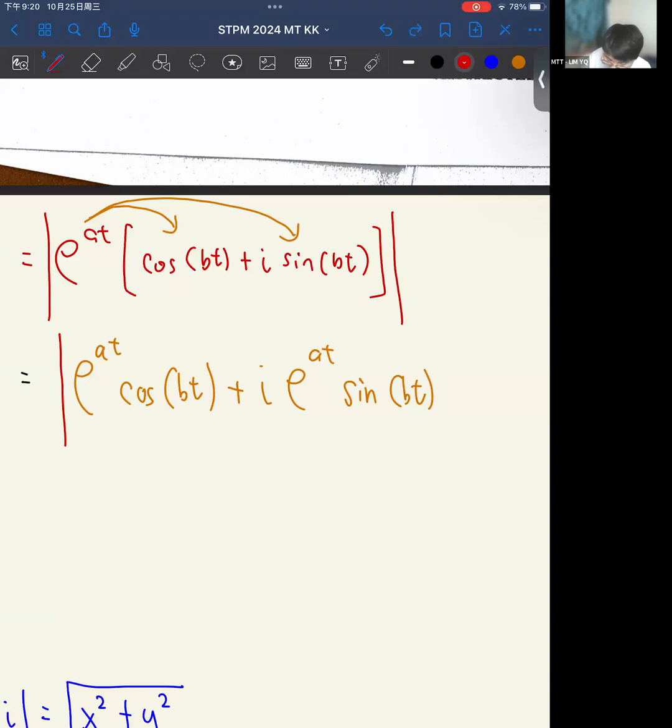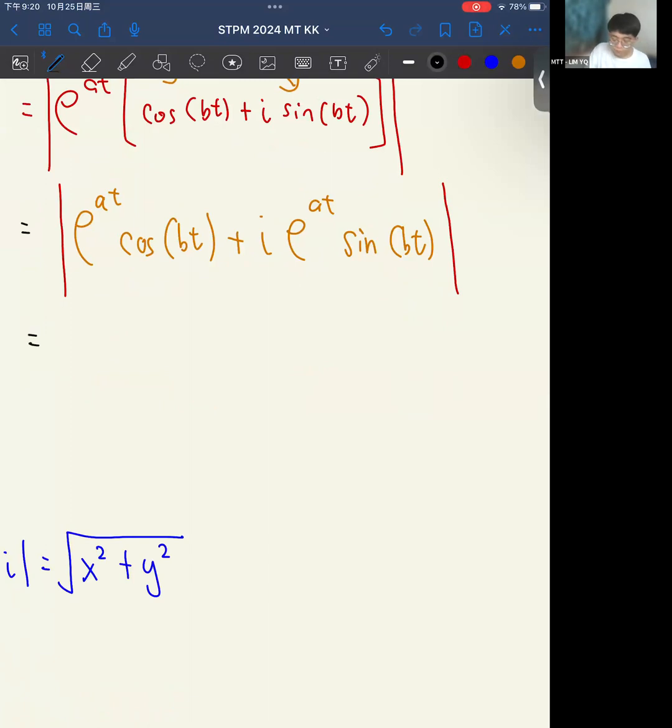Because I want to find the modulus of this. The modulus of zt is equal to this one. Now here it is very easy for you to see that this is the real part and this is the imaginary part. Remember, the imaginary part does not include the i, because i means it is imaginary. The part means excluding the i inside it.